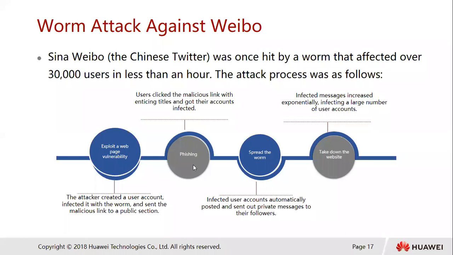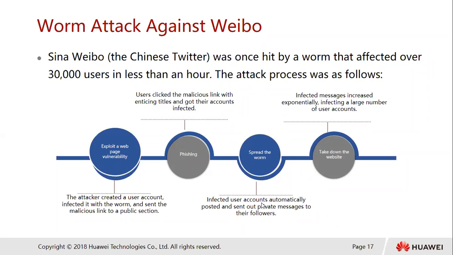of course, for people to click on the link, it might be attractive. So phishing works on our minds. Okay. So it was enticing to these users. They clicked on the link and they also became infected, spreading the worm.